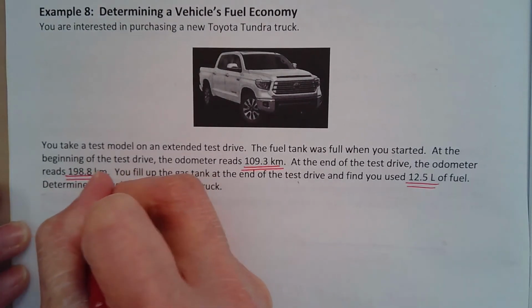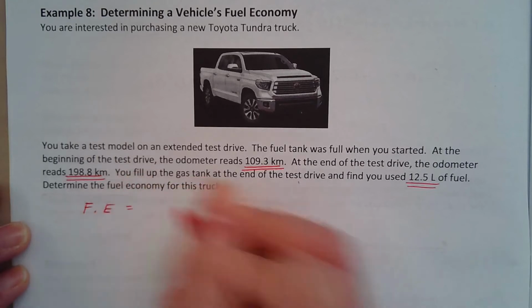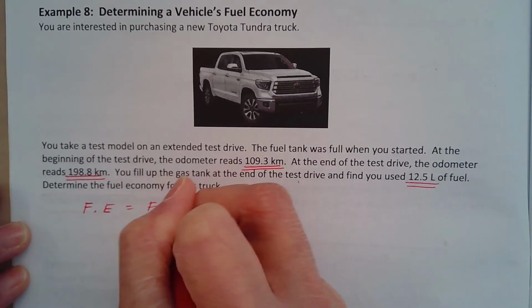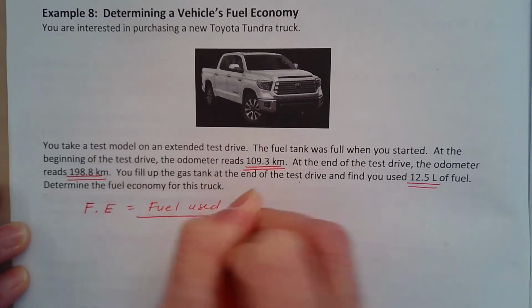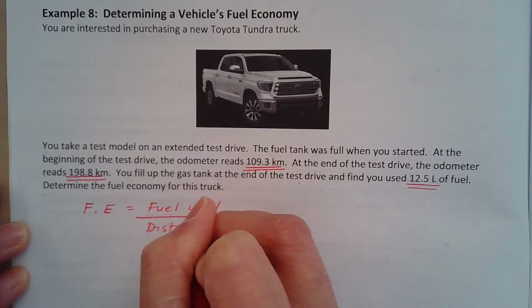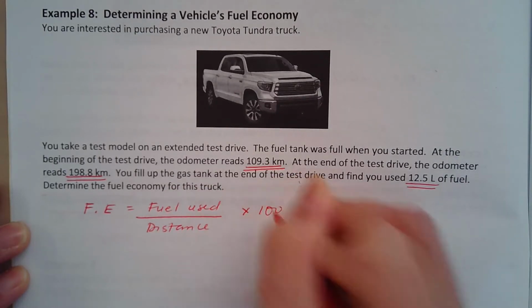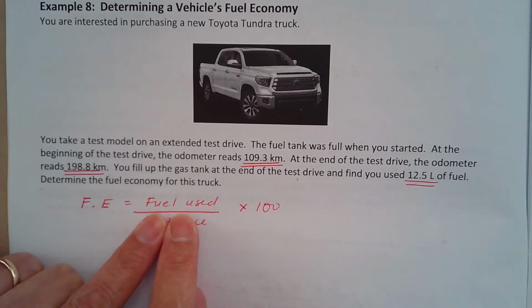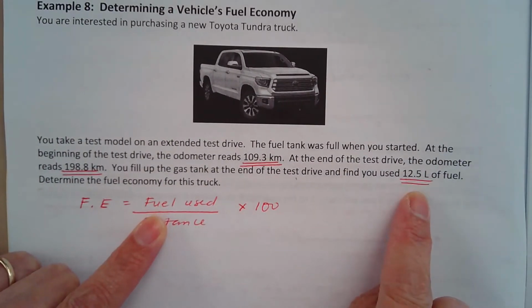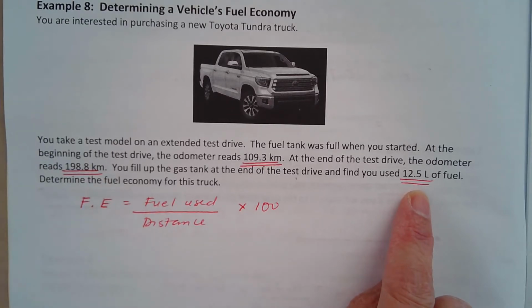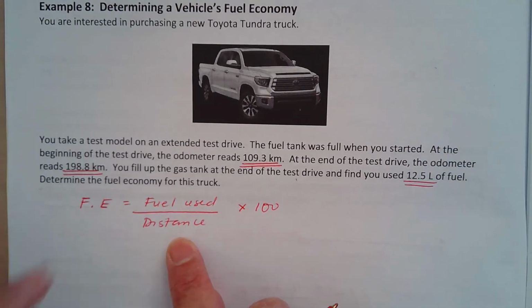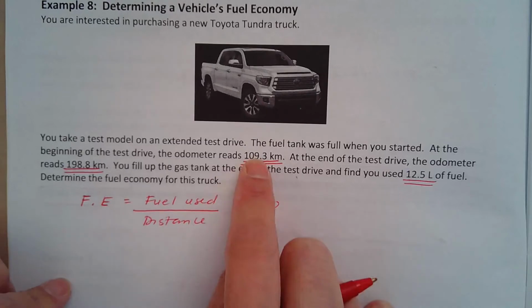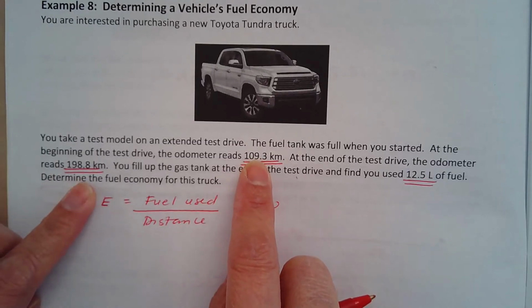So the fuel economy is equal to fuel used divided by distance times 100, right? When we look at this one, how much fuel was used? It's 12.5 liters. And what's the distance? This is the start, and this is the end kilometer.